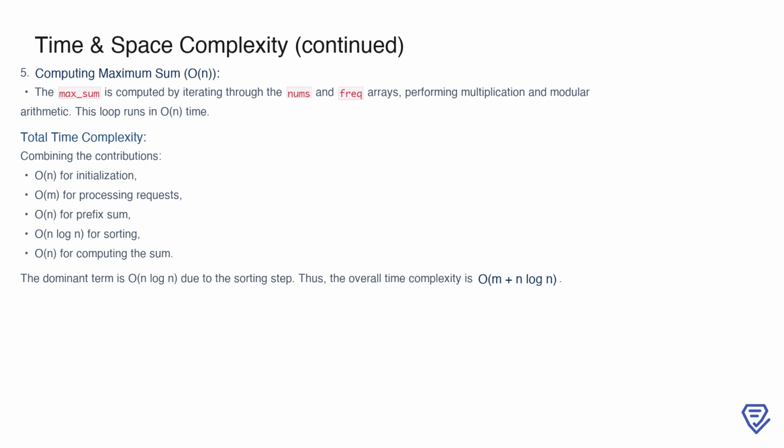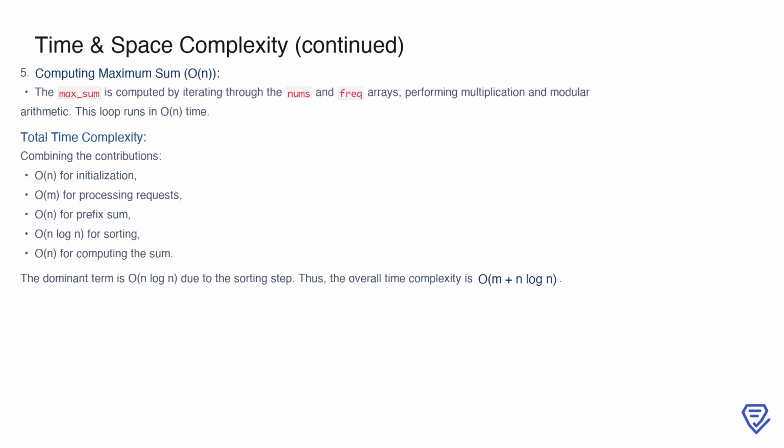Once the arrays are sorted, we compute the maximum sum by iterating through the nums and frequency arrays. During this step, we multiply corresponding elements from the two arrays, apply the modulo operation for each result, and accumulate the total. This computation involves a single loop over the arrays, which takes O(n) time.